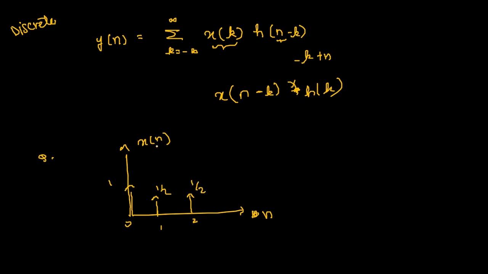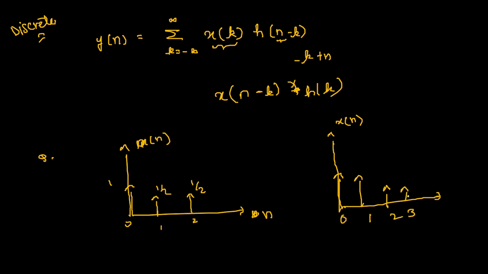Like I said, we are only talking about discrete functions here. Continuous functions will be covered later on in the lecture. Sorry, this is h of n, and this is x of n, at 0, 1, 2, and 3. So the value for these two is 1, and the value for these two is half.